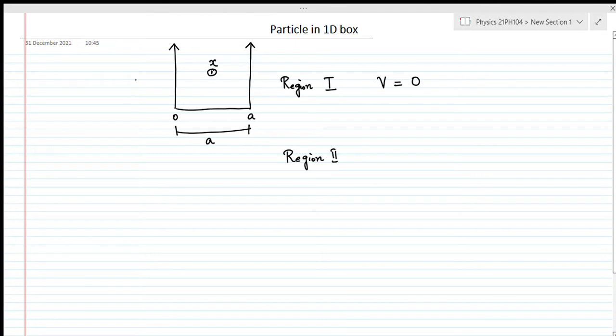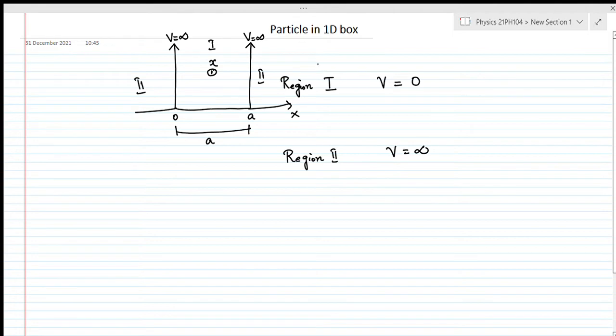Here it is region 2, and this is inside the box, region 1. These are outside the box regions. It is the x-axis. Outside the box, the potential energy is infinite. Even at the walls of the box, the potential energy is infinite.